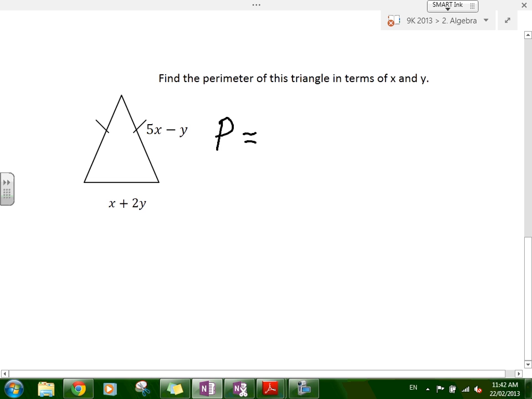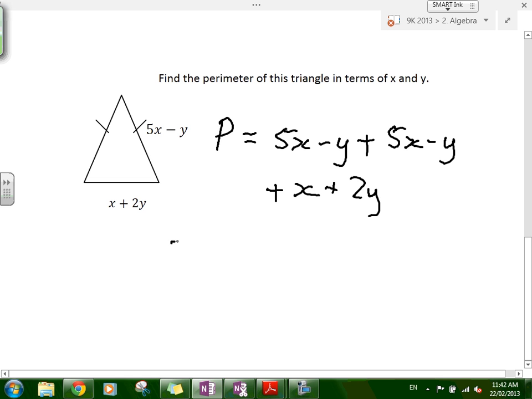So it's an isosceles triangle. So the three sides are going to be 5x minus y plus, this side is also 5x minus y. I'm just going to add them for now. And then plus x plus 2y. Put my equal sign there.